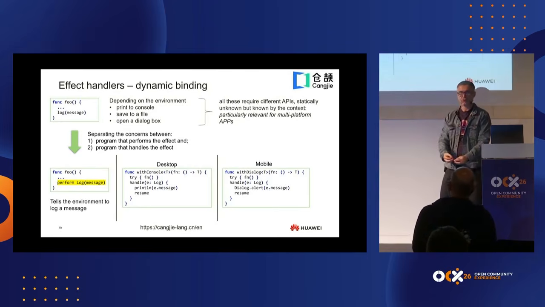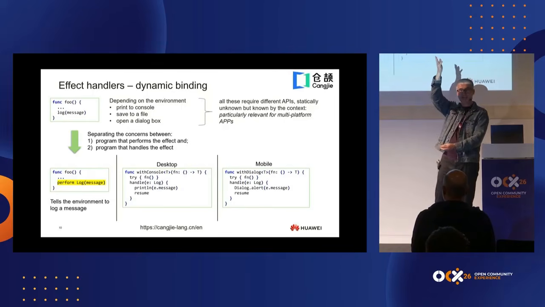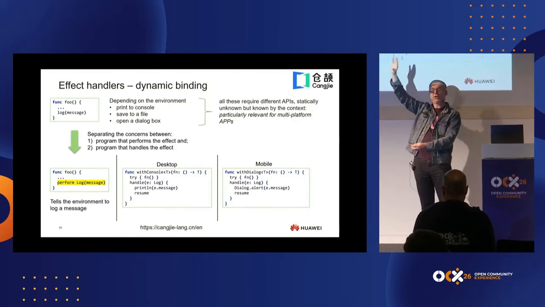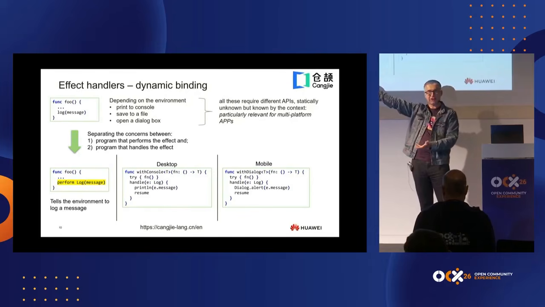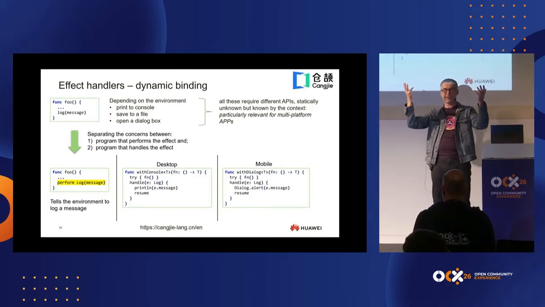Whenever your code needs to log something, you need to inform the context, saying some logging needs to be done. And then the context will know how to handle the logging, but also, unlike an exception, you need to be able to come back. You don't want to just throw an exception and quit your execution.